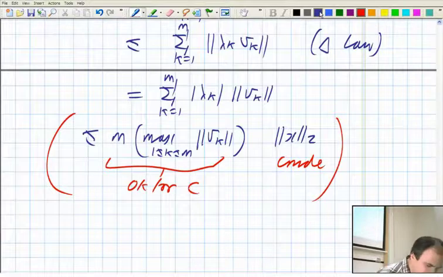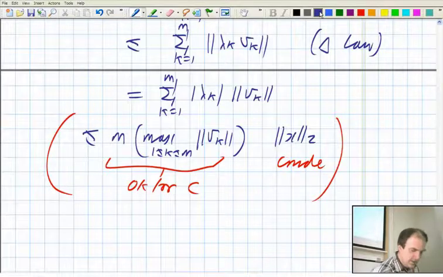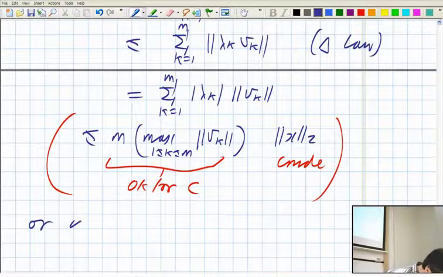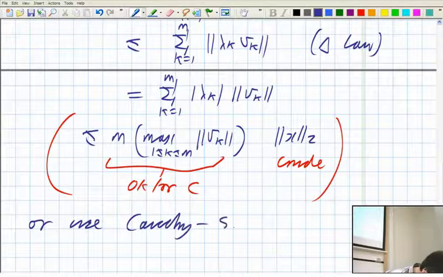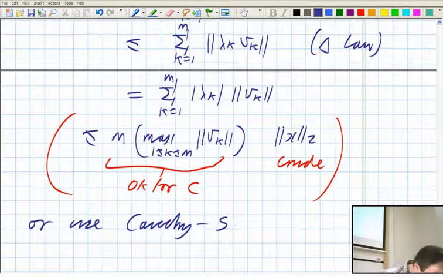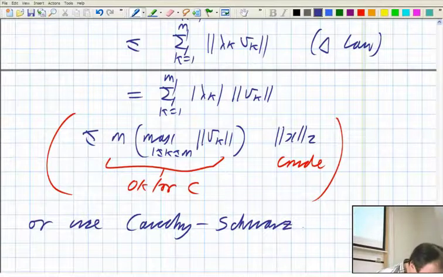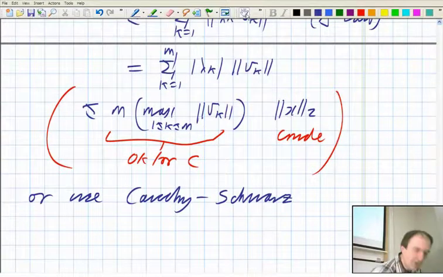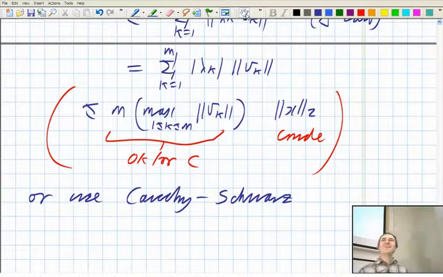Or, if you want to be a little bit more subtle, you can use Cauchy-Schwarz instead. Is there a C in Cauchy-Schwarz? I never remember. I think there's one with a C and one without at least.